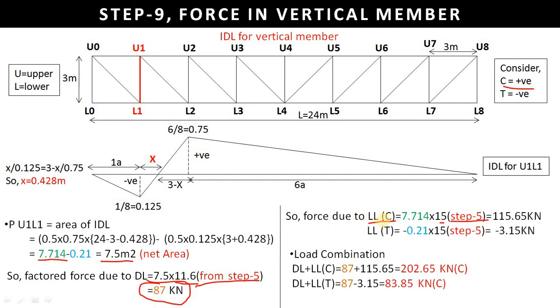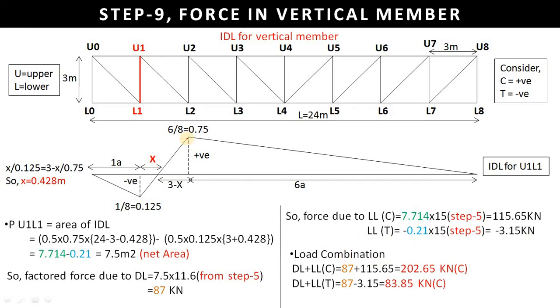So we will get the force due to live load in compression as 115.65 kilonewton. Similarly, force due to live load in tension. Tension means negative area. In our case, the negative area is 0.21 into the live load 15. So the force due to live load in tension will be minus 3.15 kilonewton.